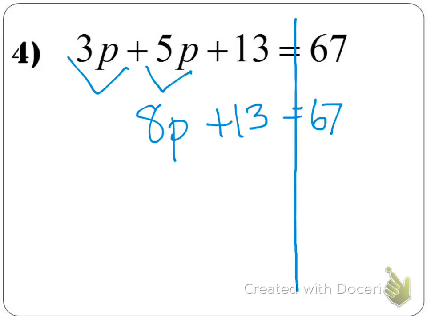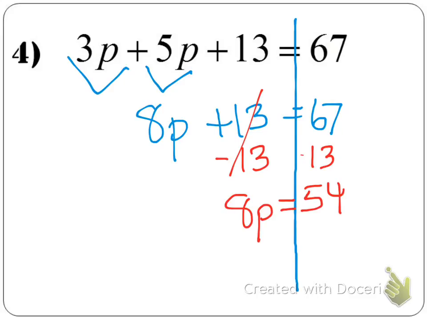Then what? Minus the 13. So that gives us 8p equals 54. What do you divide both sides by? The 8. So when you type 54 divided by 8 in your calculator, what does it tell you?